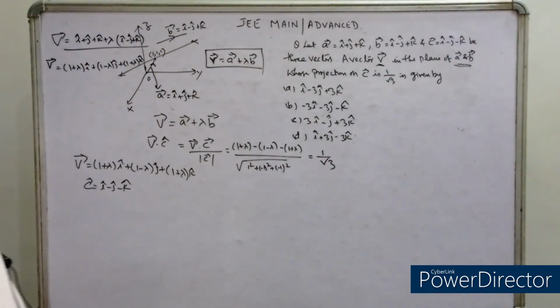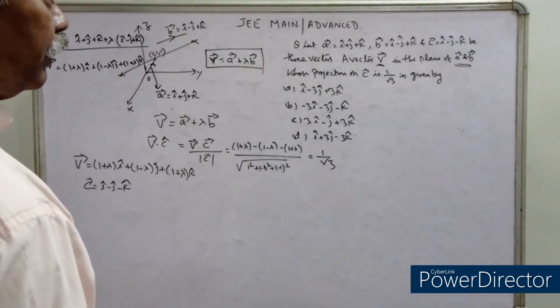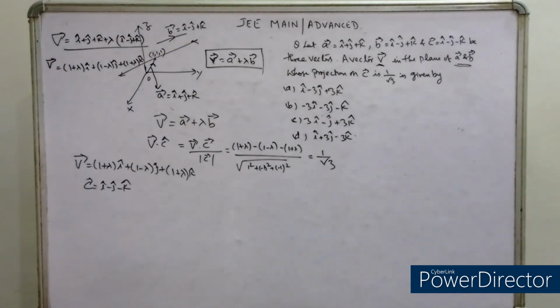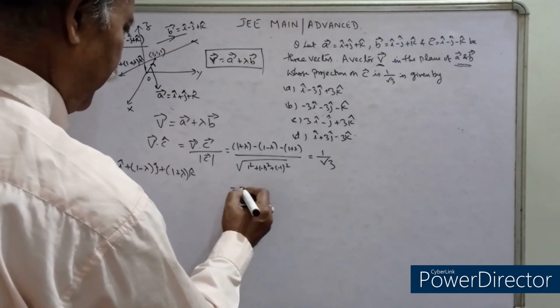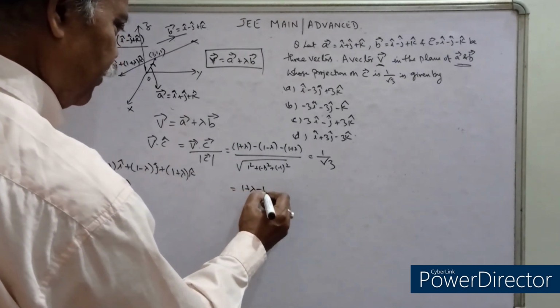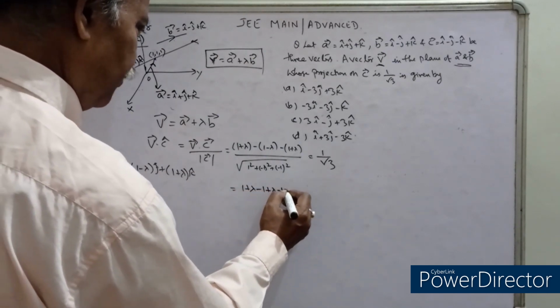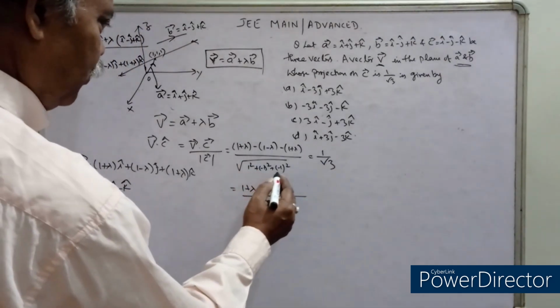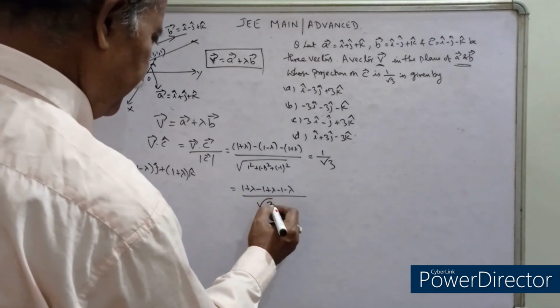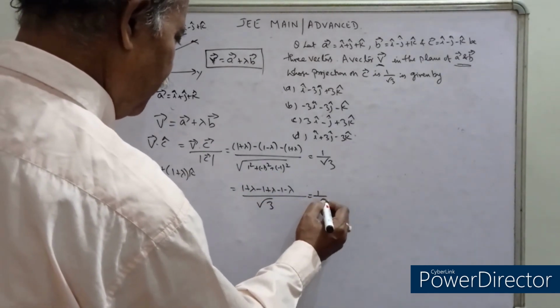Here we have to find the V vector. So this is equal to (1 plus lambda) minus (1 minus lambda) minus (1 plus lambda), divided by, this is 1 plus 1 plus 1, that is root 3, that is equal to 1 by root 3.